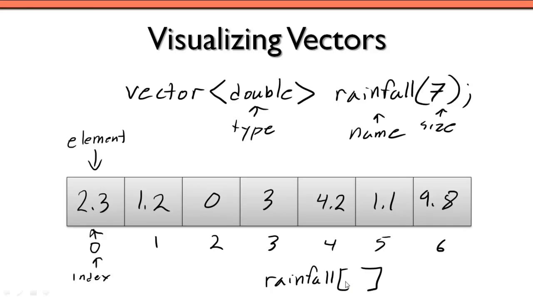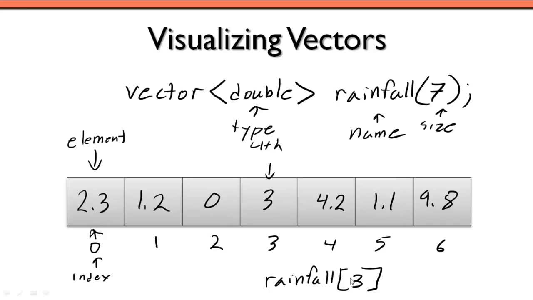So if we wanted to access the 4th element, this would be considered the 4th element in our vector, but it's the index value, that element has the index value of 3. So we would say the rainfall for the 4th day with the index value of 3 we would be able to retrieve through this expression: rainfall, open square bracket, and then the index value of 3, close square bracket.